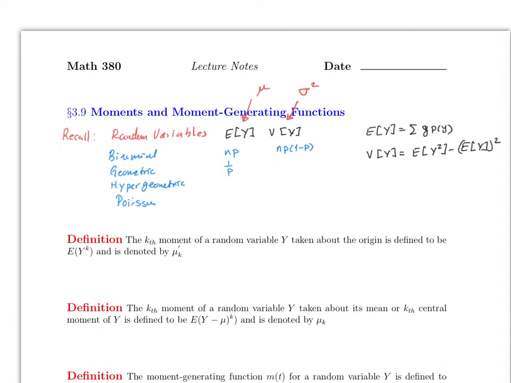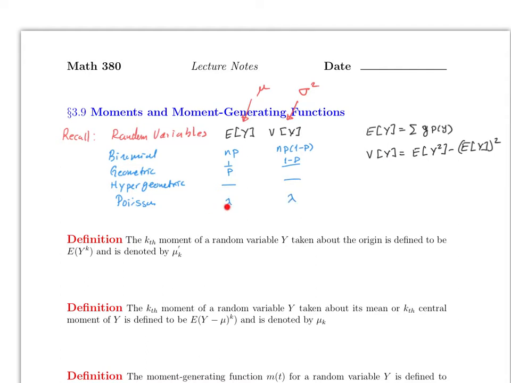For the geometric, the mean was 1 over p. And the variance was 1 minus p over p squared. And then the hypergeometric has a pretty long one, which I'll just skip for now. And the Poisson is the easy one, which is just lambda and lambda.